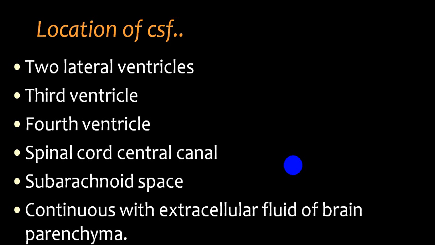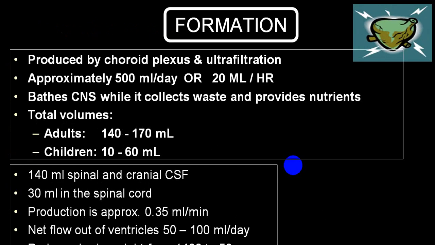So indirectly, it is extracellular fluid surrounding the brain. Cerebrospinal fluid formation takes place by the choroid plexus, by ultrafiltration. Approximately 500 ml is formed per day, or 20 ml per hour.